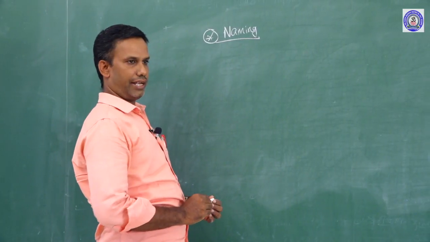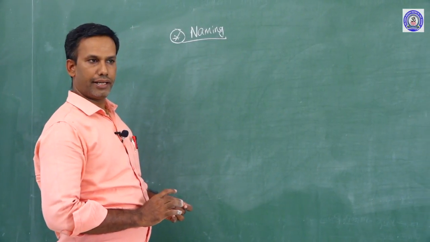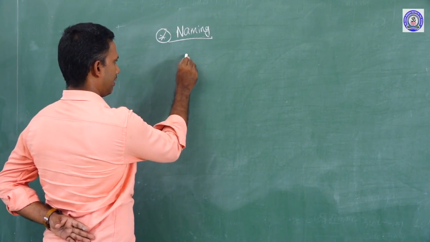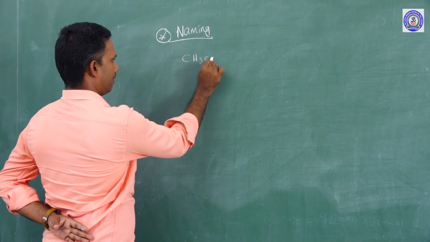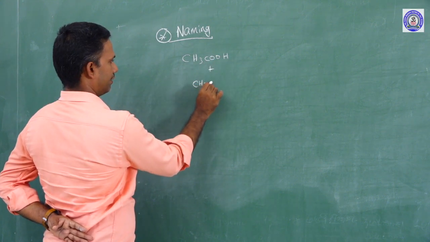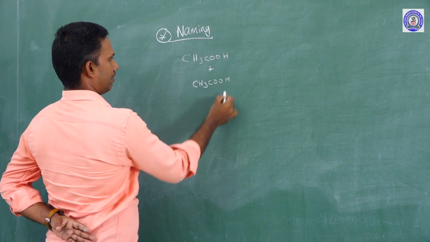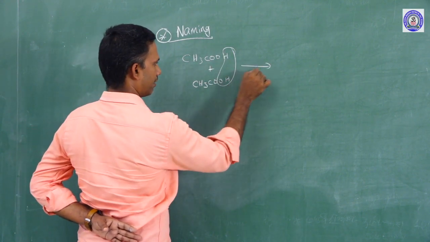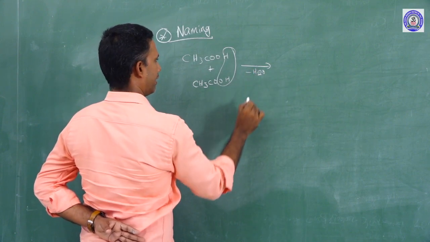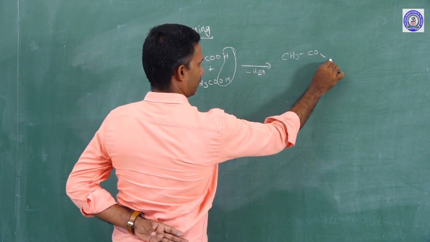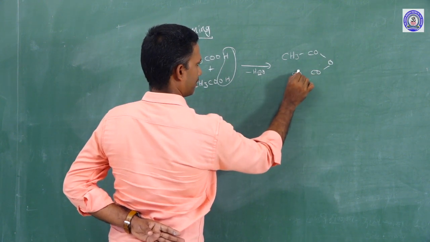Now let us see how to name the acid anhydride. First of all, what is an acid anhydride? For example, if you take acetic acid plus acetic acid and remove a water molecule from here, you will get an acid anhydride, CH3COOCOCH3.